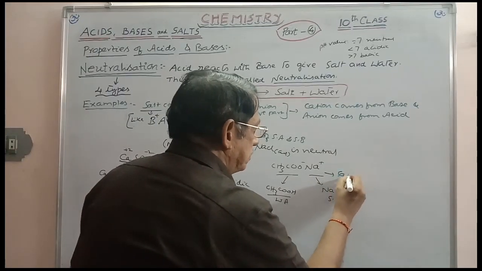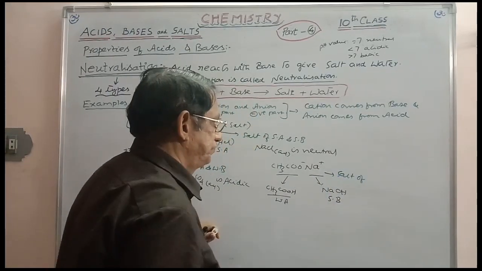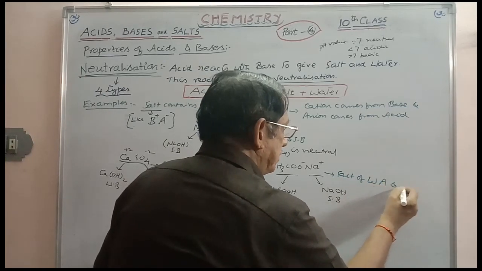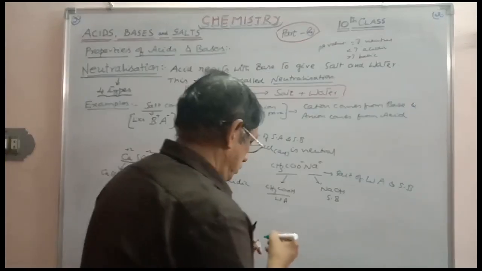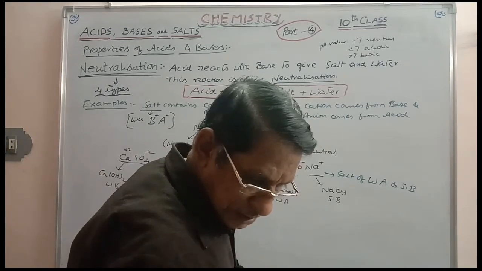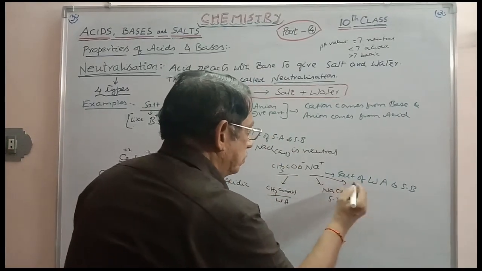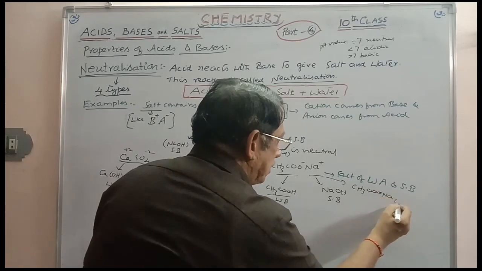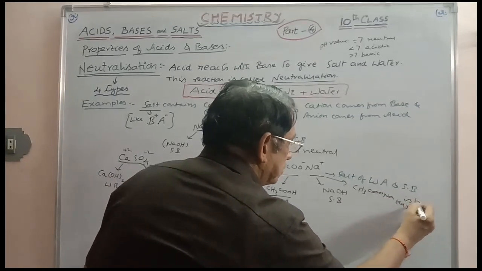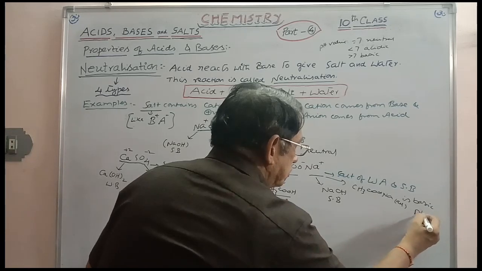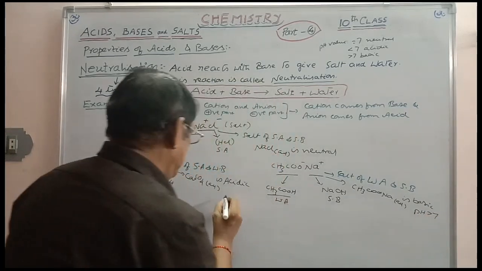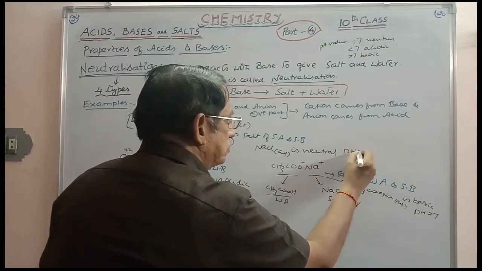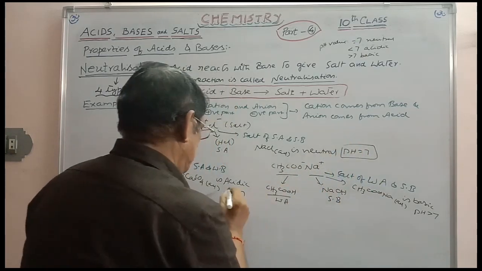This is the salt of weak acid and strong base. When the base is strong, automatically the solution becomes basic. So CH3COONa aqueous is basic. That means pH is greater than 7. And here pH is less than 7. And here pH is equal to 7.